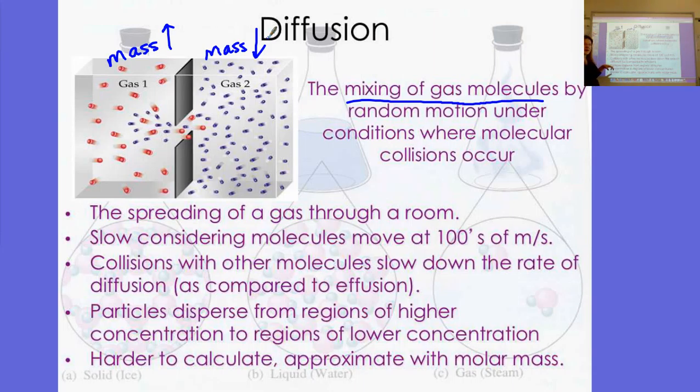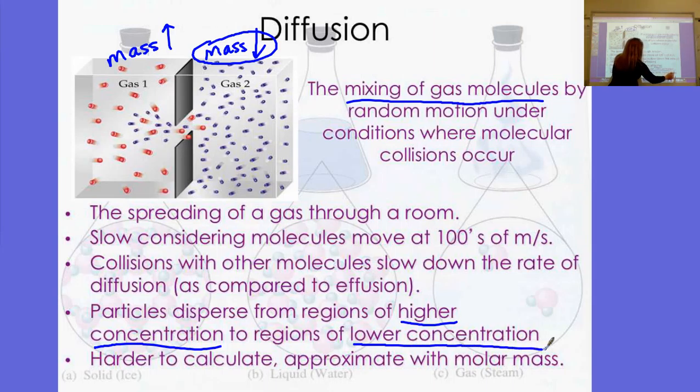We're going to use that Graham's law from the previous slide to assume that something with a lower mass, let's think about this for a second, something with a lower mass is able to move faster than something with a heavier mass. We're still moving from higher pressure to lower pressure, and also higher concentration to lower concentration.